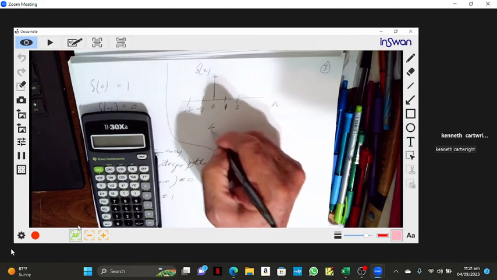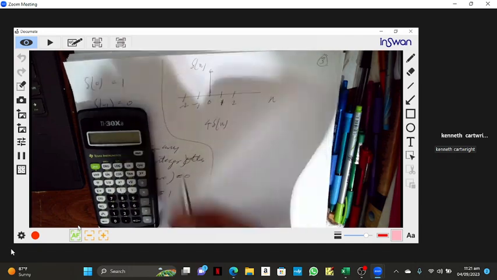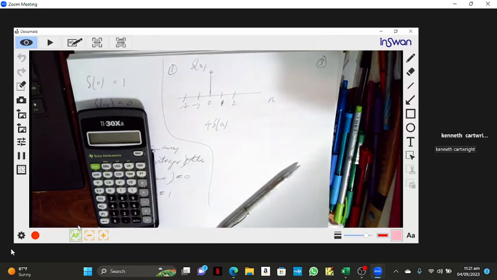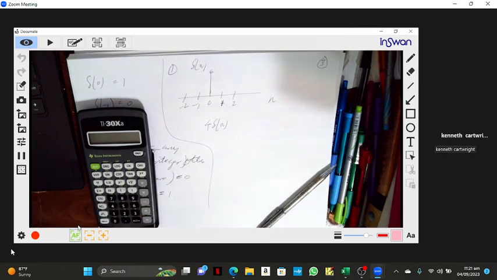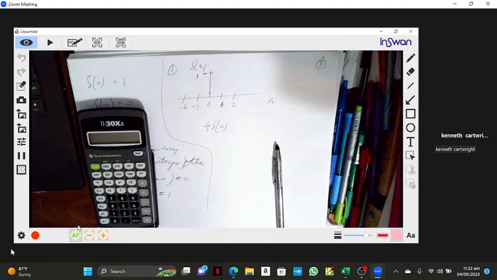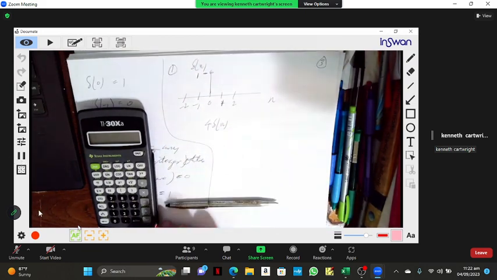What does 4 delta of n look like? What does this function look like? Folks, I don't know why this is a difficult question.